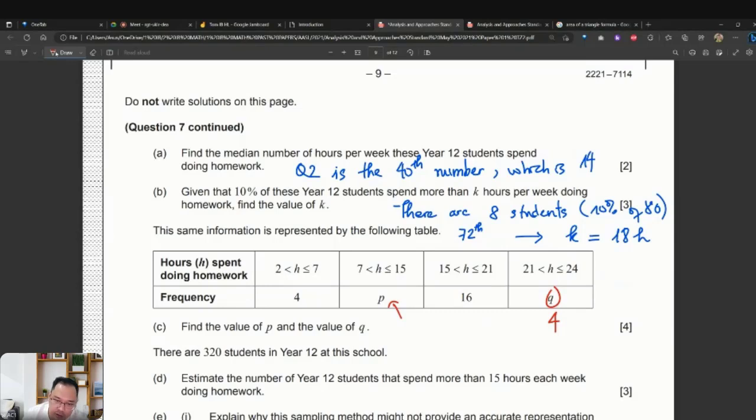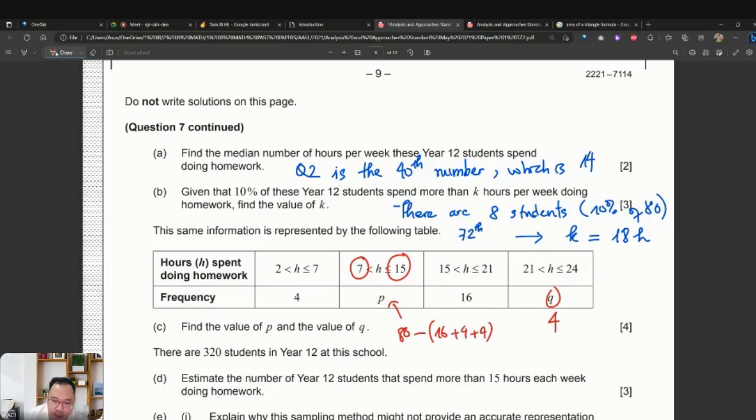Take the cumulative frequency at 15 hours, and then subtract the cumulative frequency for the students spending 7 hours. Or you can do it the other way: 80 subtract the sum of other numbers. 80 subtract 16 plus 4 plus 4, 24.